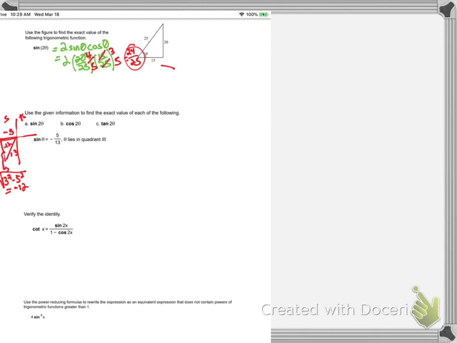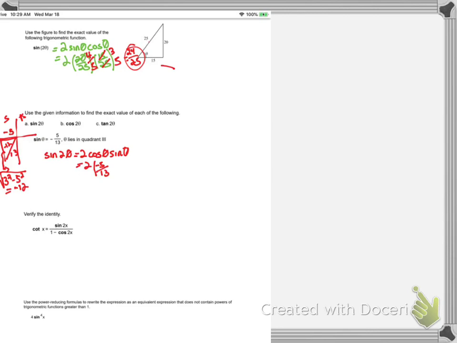So now that we have all of these filled out, we can do sine of 2 theta equals 2 cosine theta sine theta. I think I flipped those, but since it's multiplication, it shouldn't matter. So 2 cosine is adjacent over hypotenuse, so -5 over 13.